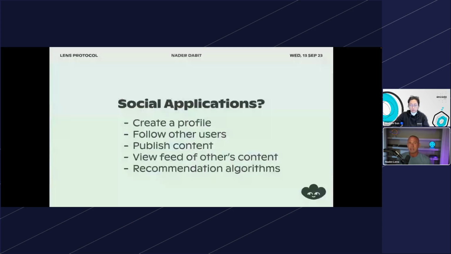But before going into any more depth there, let's talk about what is a social application. Well, social applications don't necessarily mean like Instagram. There are a lot of applications that have social features built into them that we might not necessarily think about as social apps. For instance, GitHub is a good example of that from the perspective of a developer.